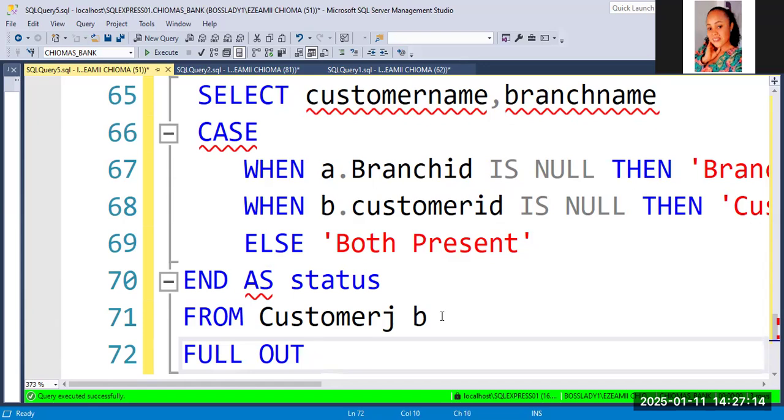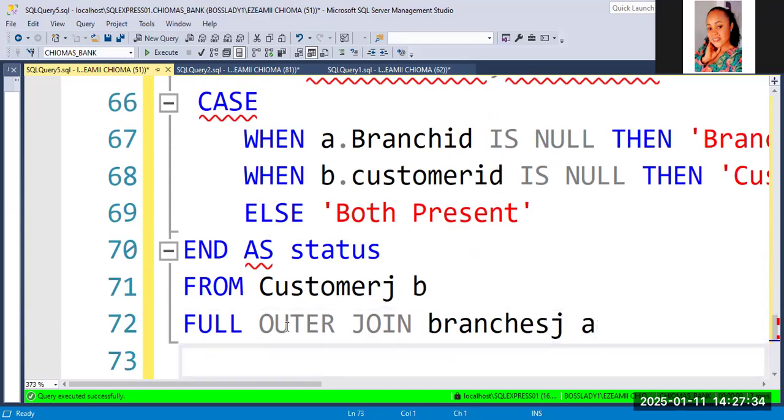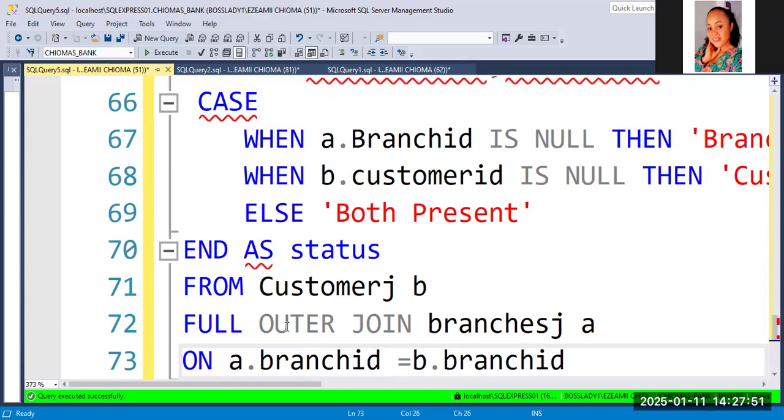You want all the customers and all the branch information so that we know which branches are missing. Join it with my A table on A dot branch ID equals B dot branch ID.